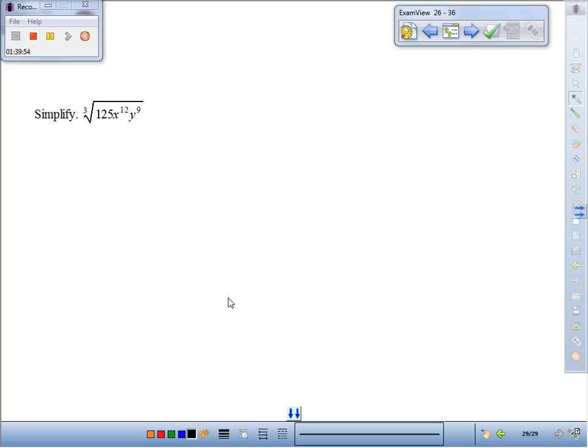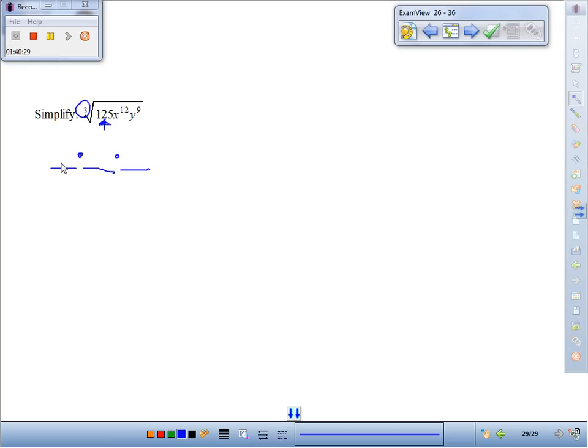Number 26. Simplify. Here we go. Simplify the cube root of 125 x to the 12 y to the 9. Cube root. What does that say? Everybody look up, please. It's asking us what number times itself 3 times gives us 125.